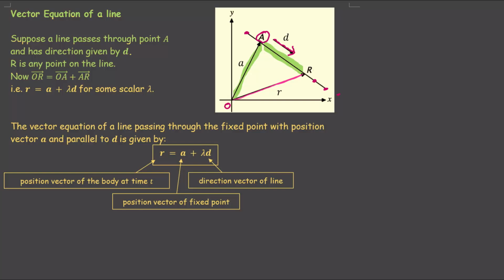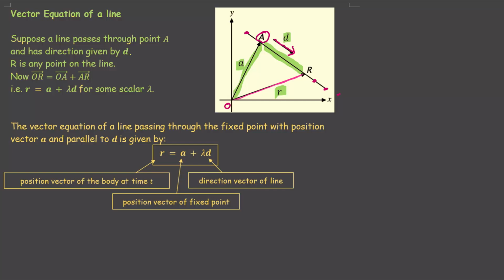And that means that we can write that as R, that's the position vector of R, is equal to A, which is the position vector of the point A, plus some scalar multiple lambda times D, which is the direction of the line, for some scalar lambda.